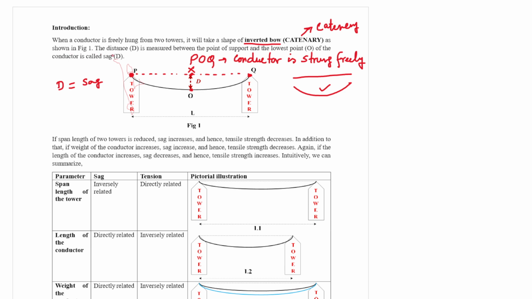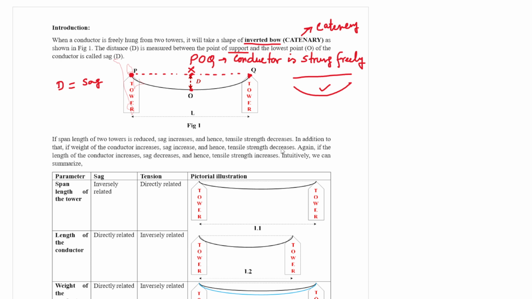As shown in the figure, the distance D is measured between the point of support, that means P or Q, and the lowest point O of the conductor, and it is called sag. So it is the maximum vertical distance between the point of support and the lowest point, that is XO. XO is the D.